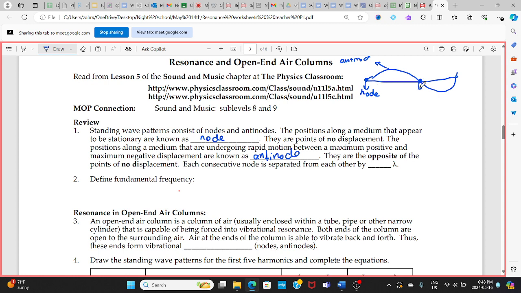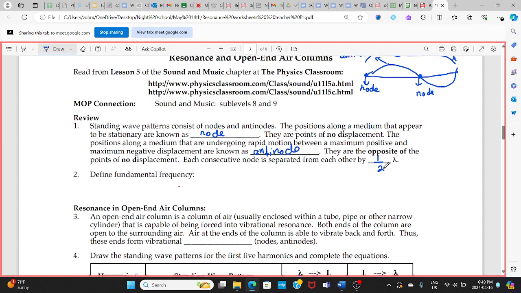Can anyone tell me? Is it a quarter of lambda, a half lambda, or a full lambda? Is it full? It is half of that, right? So if from here to here is full lambda, so that would be my half. So it's going to be half of the lambda. Thank you.